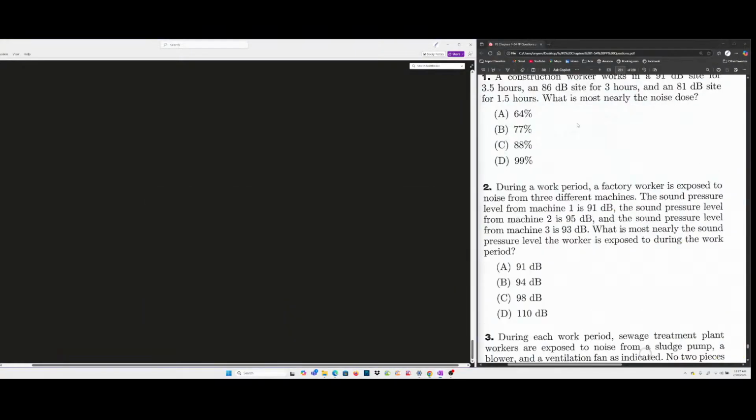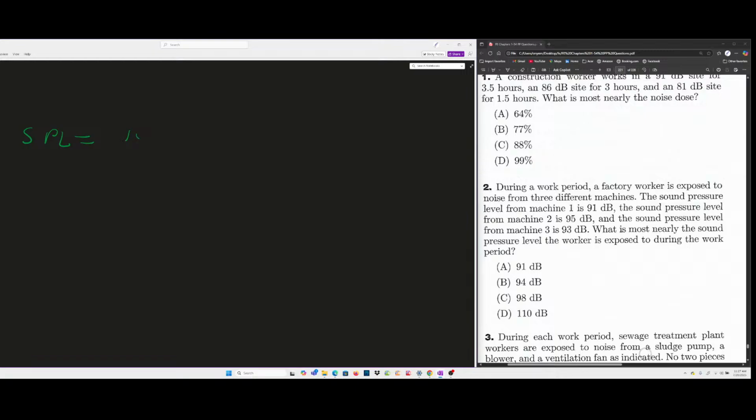So we're gonna use this SPL total formula to solve it. The SPL total formula, from what I just showed you, is 10 log 10 of the summation of 10 raised to SPL over 10.